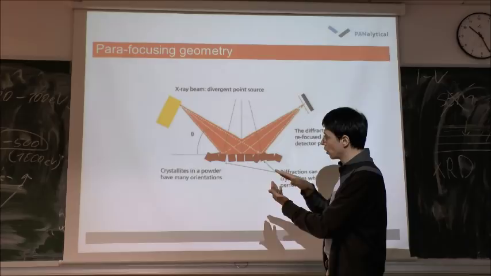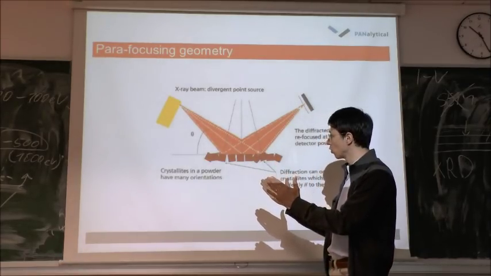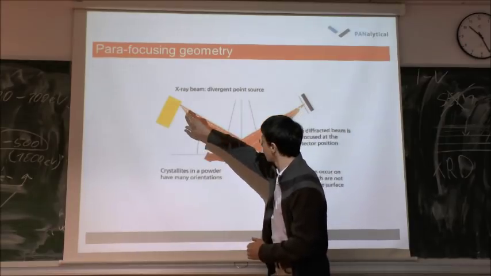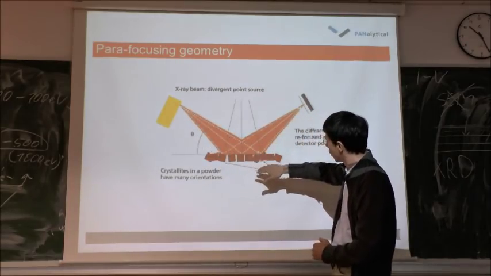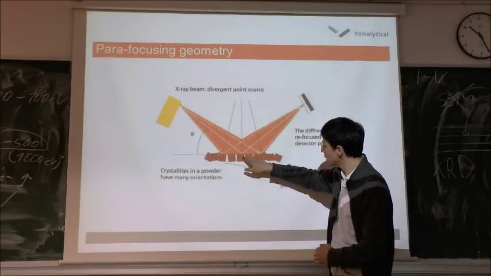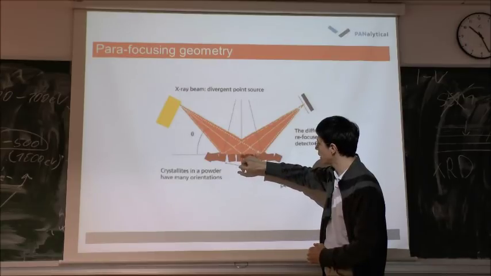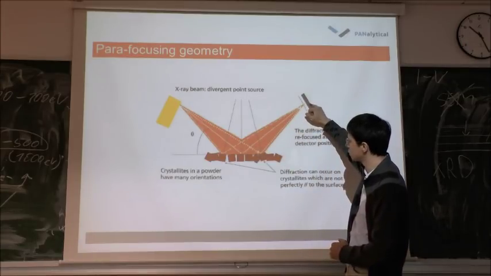But we also have to correct the divergence on this side, so we do this with a mask and Soller slits. Then the beam goes onto the crystal. The central line goes onto this crystal, which is perfectly aligned with the surface, and then you have a diffraction condition, and the signal goes to the detector.